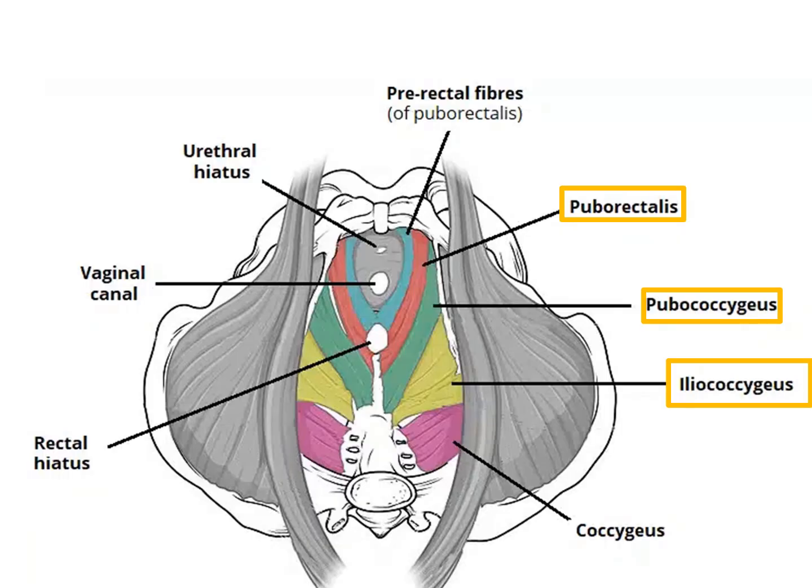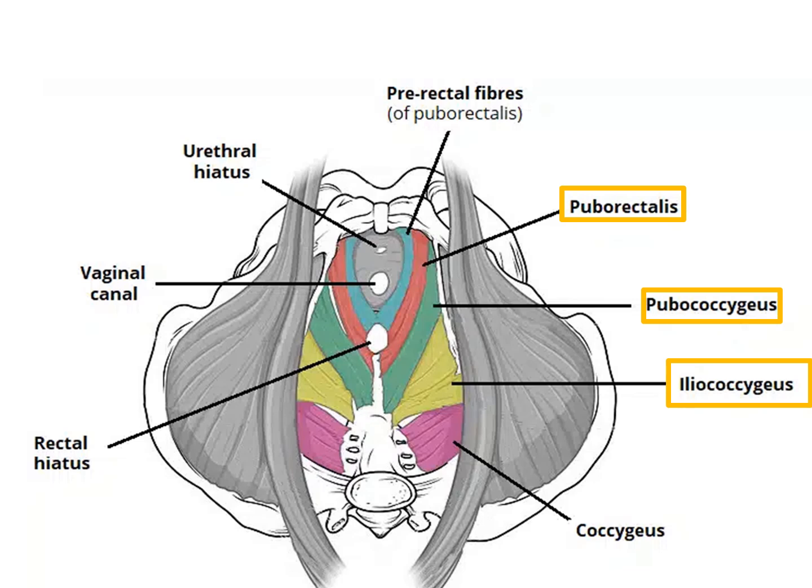If you look here at the highlighted muscles, these are the three parts of the levator ani: iliococcygeus, and then pubococcygeus from the pubis anteriorly, and from the pubis itself but to the rectum we have puborectalis.